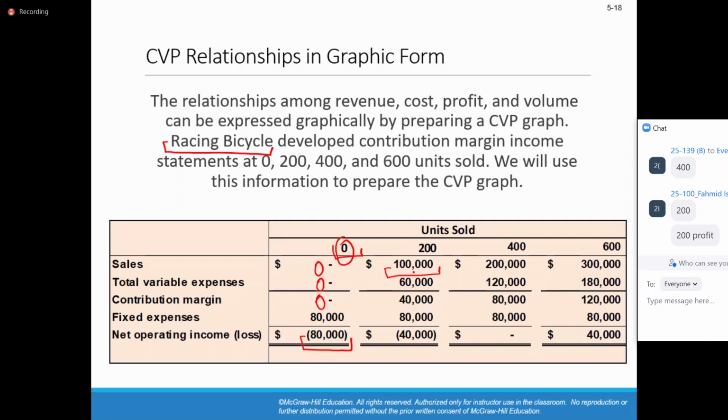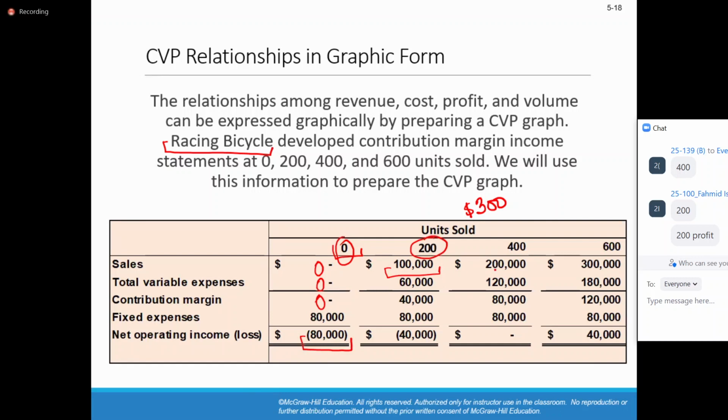And total variable expenses can be gotten by multiplying 200 by $300 variable cost per bicycle. So we'll get 60,000. So we have a remaining contribution margin of 40,000, but we see that this is insufficient to make up our fixed expenses. So our contribution margin is inadequate to make up the fixed expenses. So what will happen? We still incur the net operating loss of 40,000.